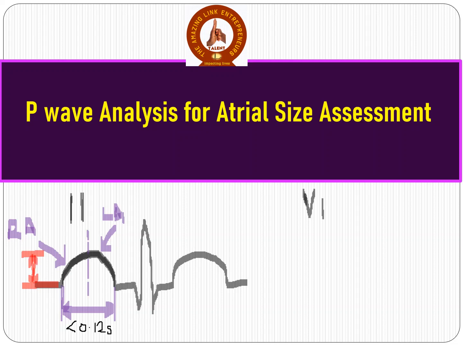So the normal amplitude of the P wave in lead 2 is less than 2.5 millimeters.